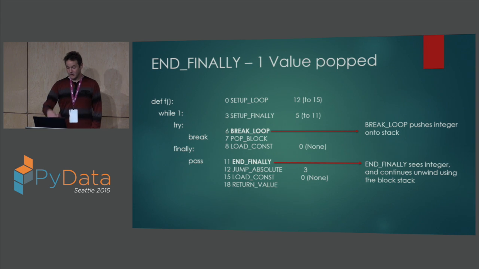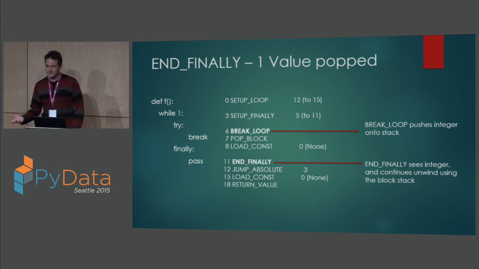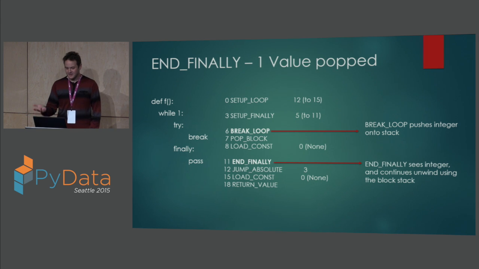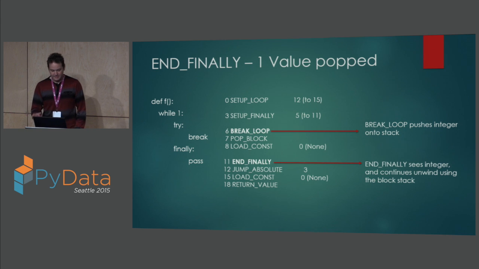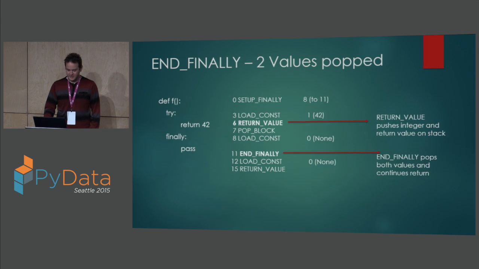And we're not going to hit the pop block, because break loop is actually going to dispatch to the finally as it pops the block stack. So we go into finally with this value on the stack. Finally sees it, pops it, and knows that it needs to pop another block from the block stack. And then that happens, and it knows where to jump to. And so that's kind of another oddity.